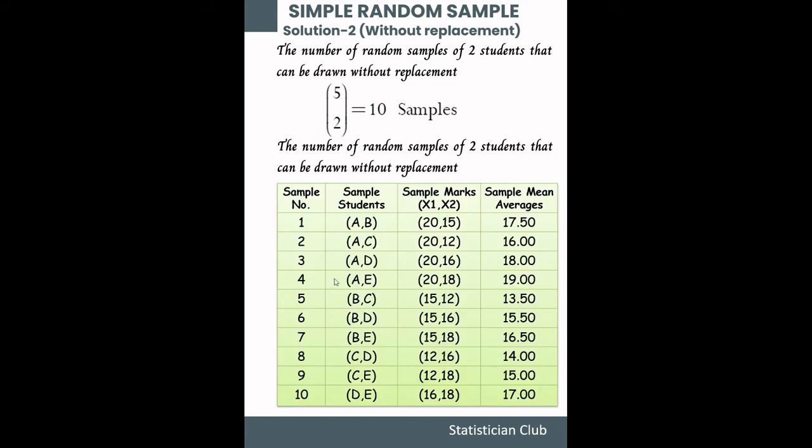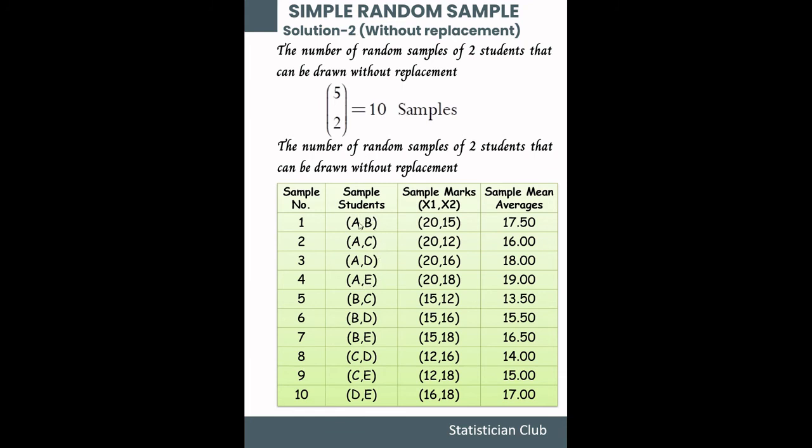Here is the sampling without replacement, with sample numbers 1 to 10 and sample students. In sampling without replacement, the procedure is changed. The first element is A. Combine this A with B: AB, AC, AD, AE.